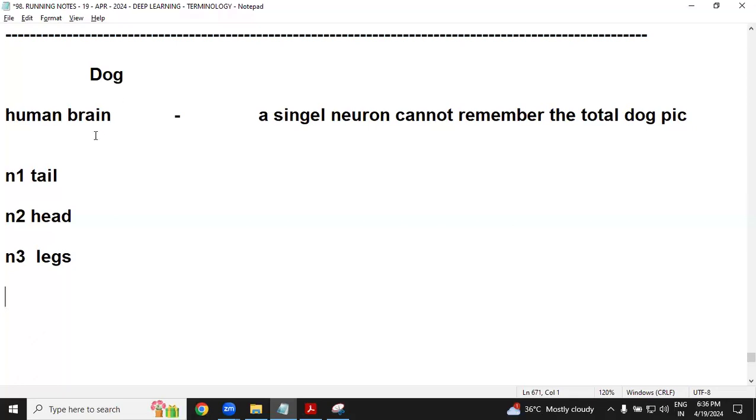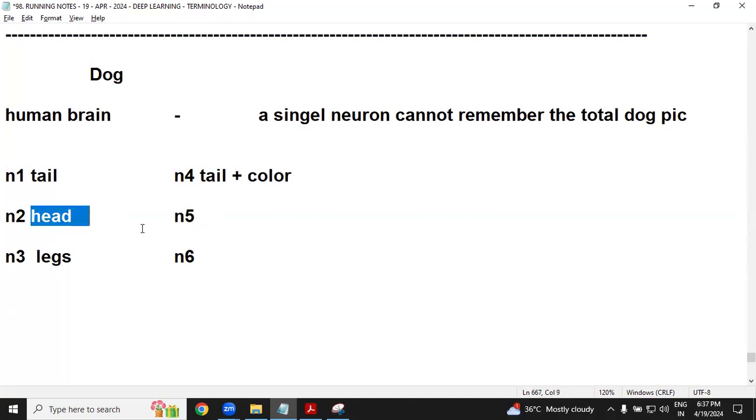Good. Assuming the first input layer has N1, N2, N3, then the tail information will pass to neuron number 4, head information to neuron number 5, and the next to neuron number 6. Neuron number 4 gets tail plus something like color.